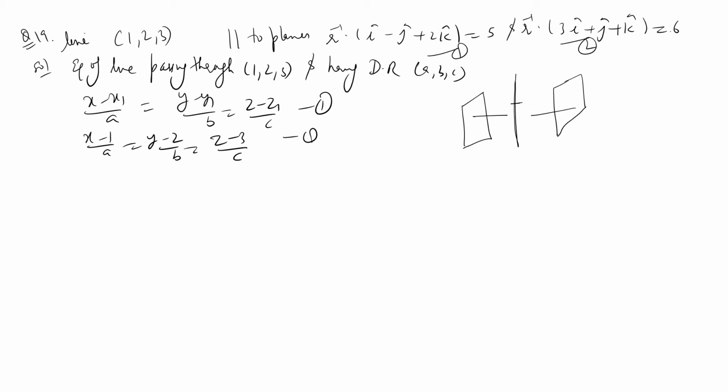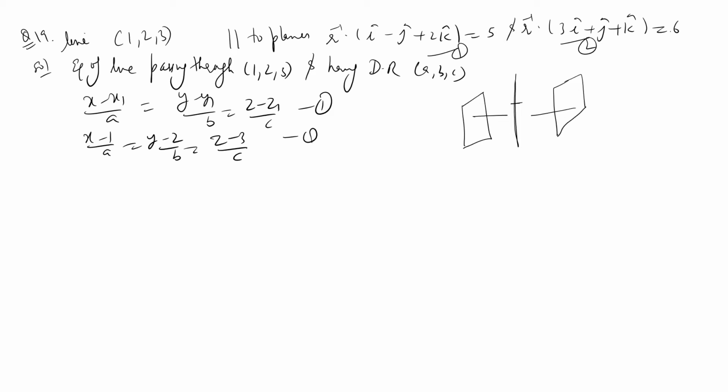Is this concept clear? If a line is parallel to two planes, the situation is like this. So the normals to the planes will be perpendicular to this line. That means the product of the direction ratios of this line and the direction ratios of each plane's normal will be 0.